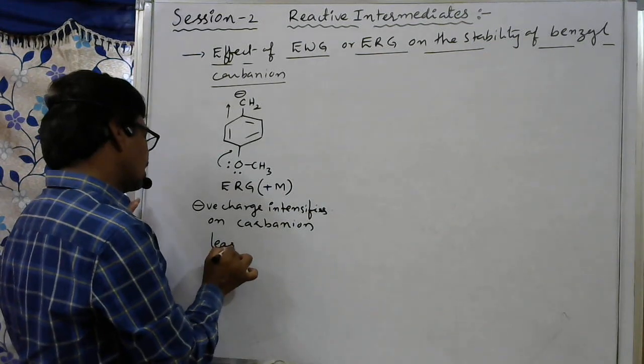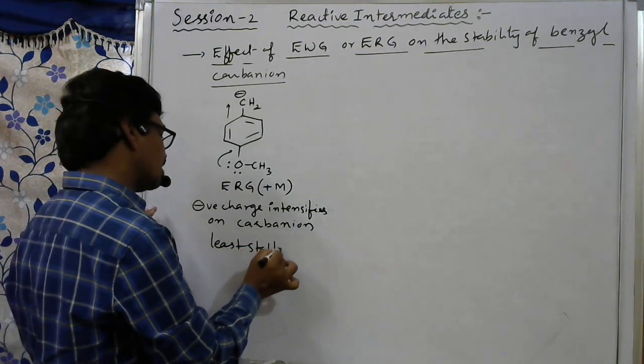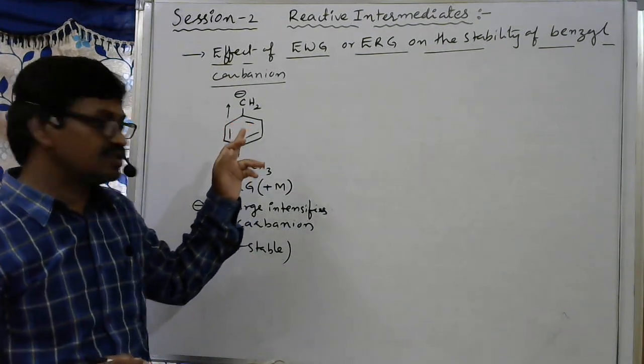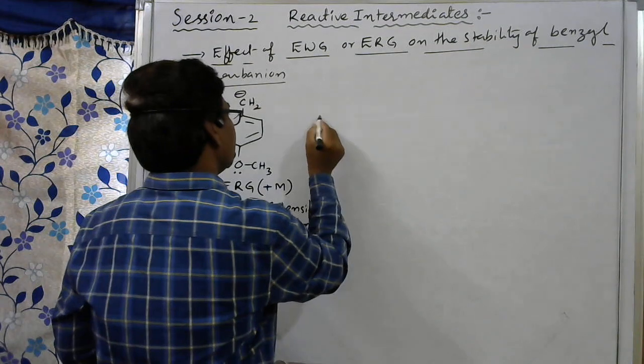So this is the least stable due to the negative charge intensifying.